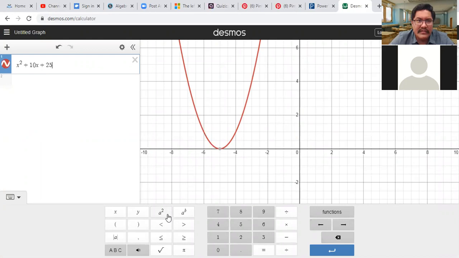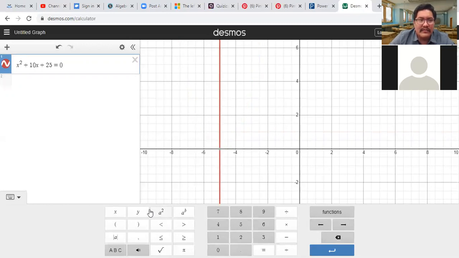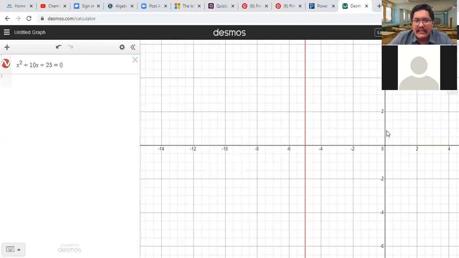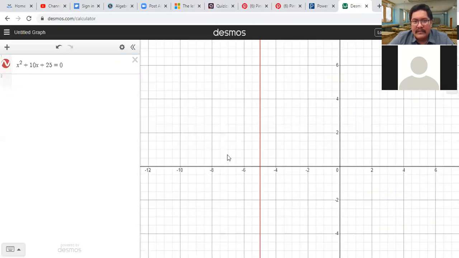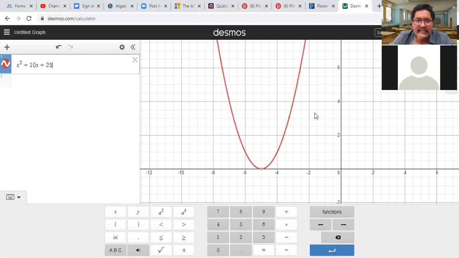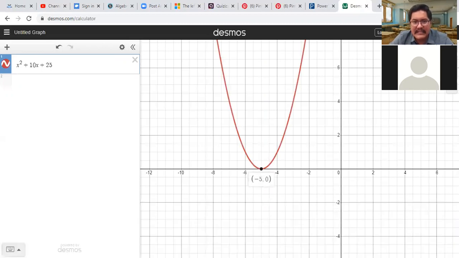Well, you could use the original as well, the whole one with two terms on both sides. But just to keep things simple, I'm going to use the new one, which was x squared plus 10x plus 25 equals 0. I don't really need the equals 0; if I put the equals 0 in there, I only get one line. But if I take it off, you can see there's a parabola, and it's only contacting that line one time.